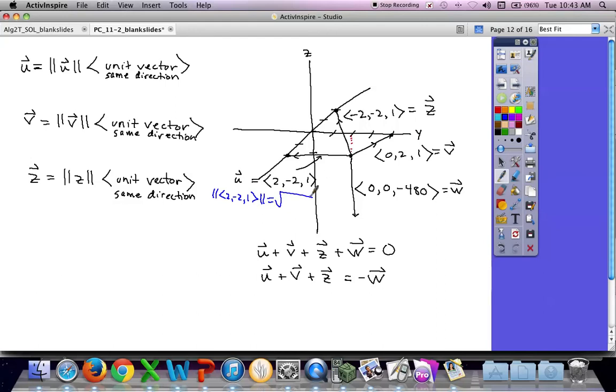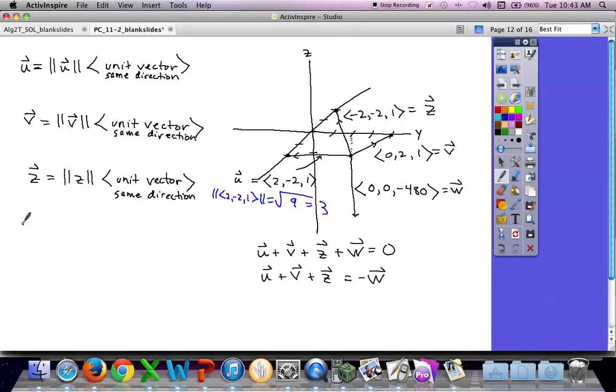What is that? 2 squared plus negative 2 squared is 4 plus 4 plus 1 is 9. Right? So we would know that the magnitude is 3.